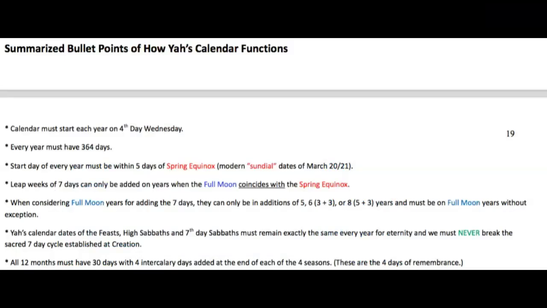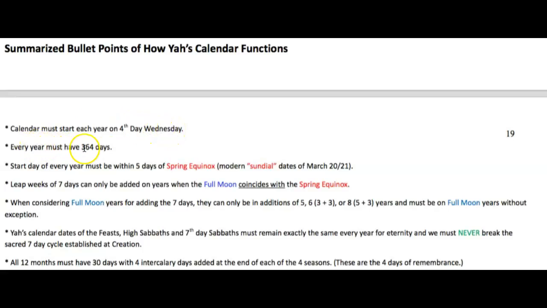Now, here are just some things to keep in mind about this calendar and how it functions. Remember this, Yahuwah does not change, meaning this calendar is going to be the same every single year. So these rules always apply every year. What this means in bullet points is that the calendar will start each year on the fourth day, so-called Wednesday.